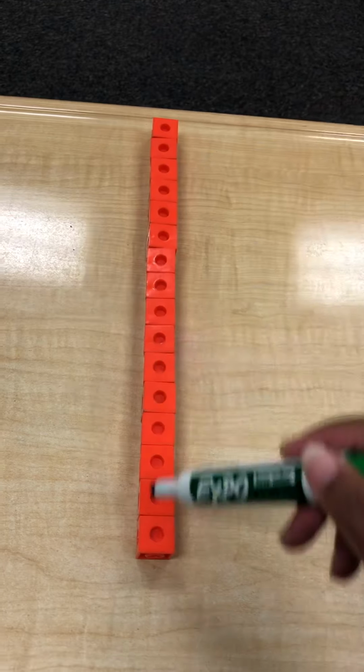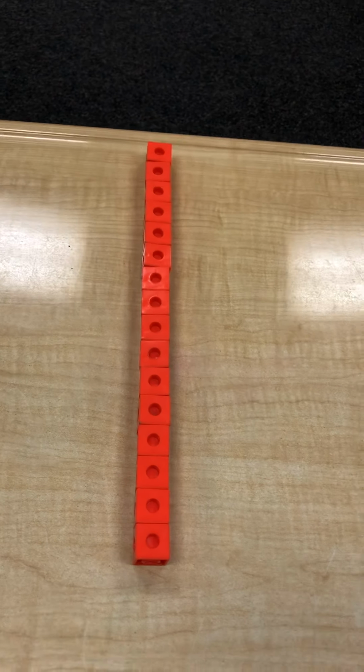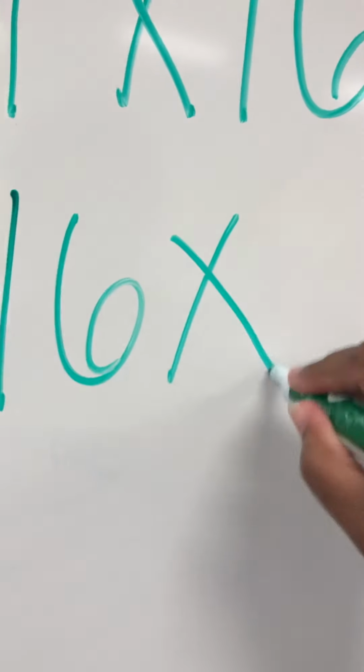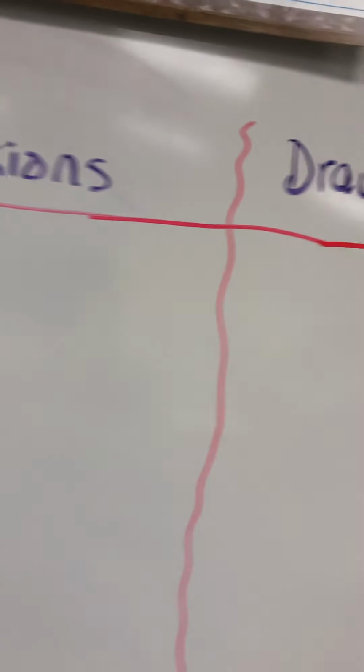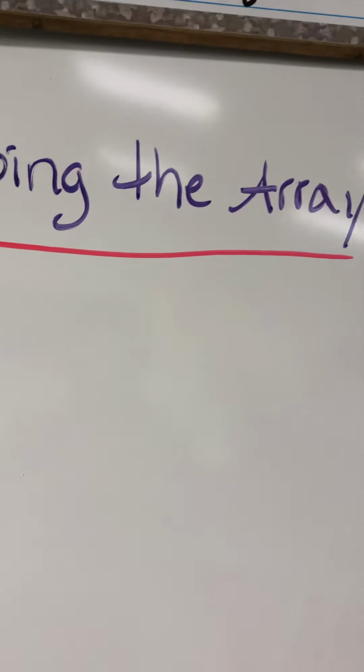If you said one column, you were spot on. What am I going to do? I am going to write 16 times 1. All right, we're not finished. I'm going to move over to drawing the array, and I am now going to create my 1 by 16 and my 16 by 1 array.